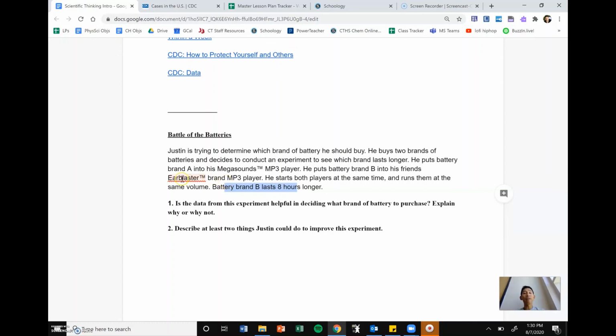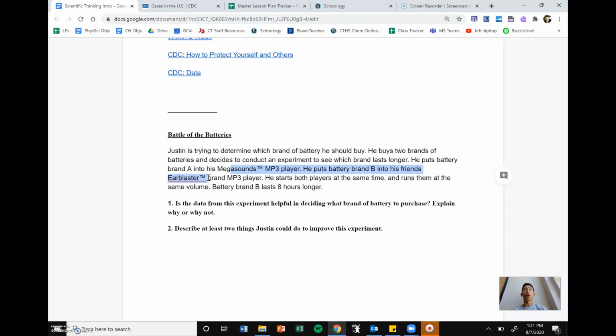Well, what if the Ear Blaster brand MP3 player used less power than the Mega Sounds? There is no control variable. In this case, there are 2 independent variables. They're changing both the brand of battery and the MP3 player. We cannot conclude that battery brand B is better.